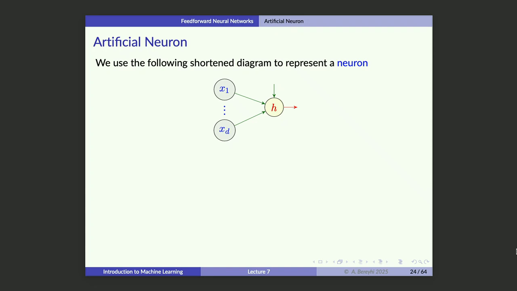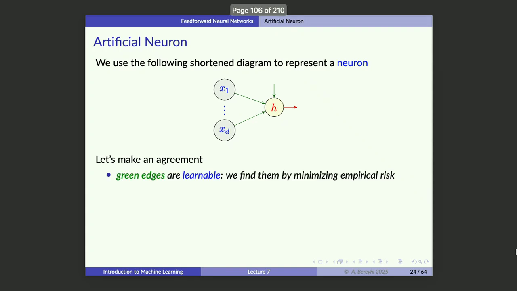When I write h inside it, I simply mean that h is computed after activation. This notation means there is some inner processing here. Inside that h, I first compute the linear transform. And after computing the linear transform, I activate it by some nonlinear activation function. The output of that activation function is going to be h, right? So h is essentially the output of your ReLU, for instance.